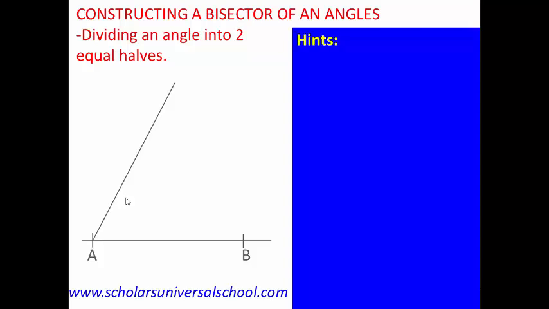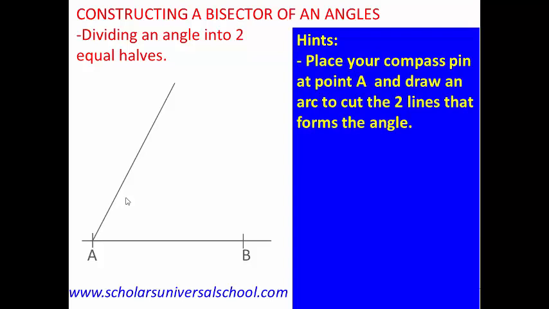So, hint, recall that you are dividing into two equal halves. So you must place the pin of your compass at point A and draw an arc to cut the two lines. Two lines will form an angle. Line AB and another line here are forming the angle.